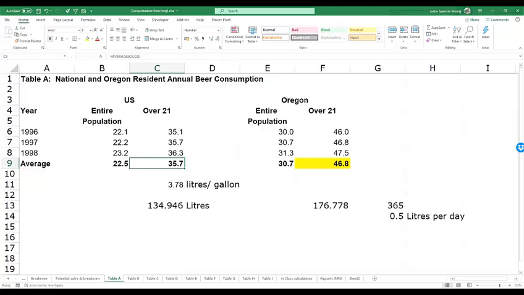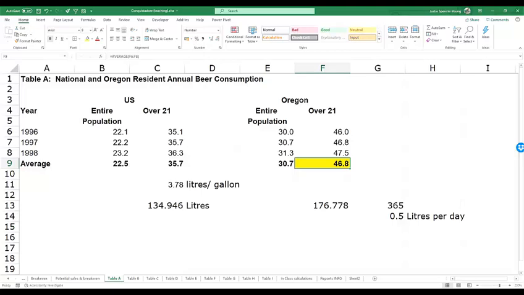In Oregon, the average consumption for the over 21 is 46.8 gallons per annum. All right, so clearly in Oregon they drink a lot more. My understanding is it's a large student population in Portland, and part of student life is they drink more beer. So that's why that is higher.